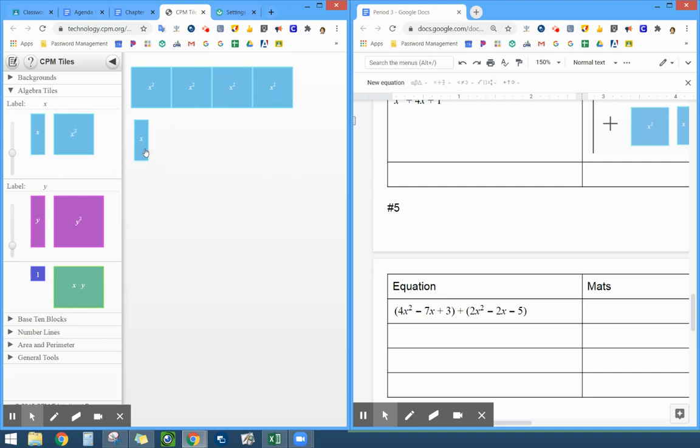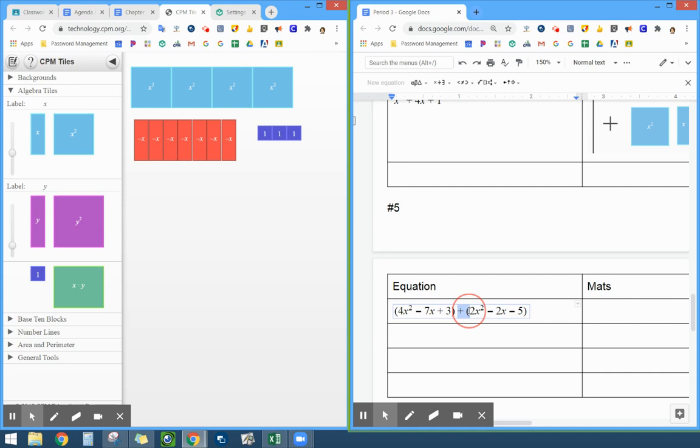Negative 7x. You just click the tile one time to make it negative. And then we have our plus 3 at the end. So 1, 2, and 3 positives.